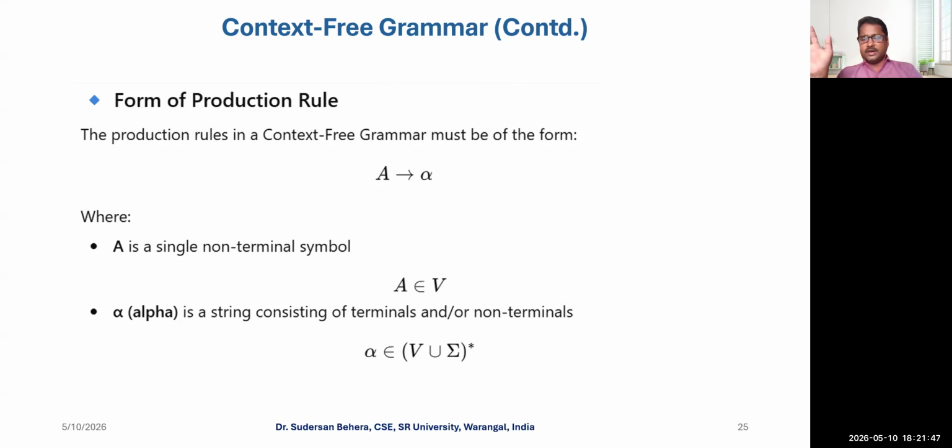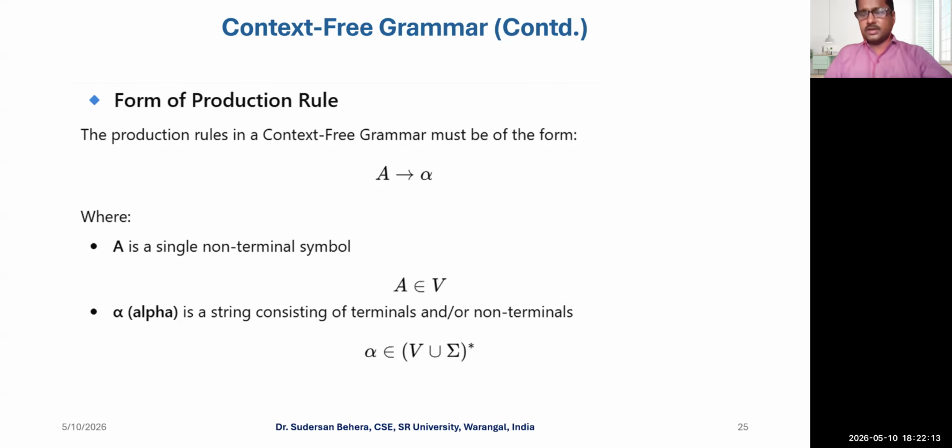Now it is very clear. The format of the production rule is in this particular form: A derives alpha, where A is a non-terminal and alpha is any combination of terminal and non-terminal. Any combination. A string of length 0 also comes under that. Any means there is no restriction.